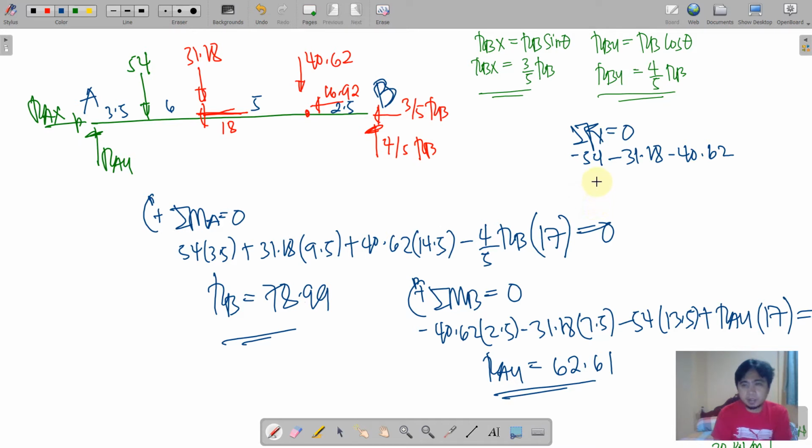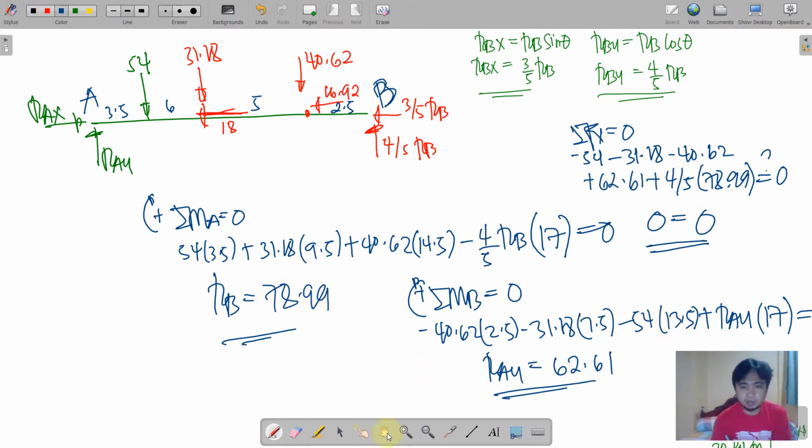So RAY is going up, plus 62.61, and then another upwards, 4/5 of 78.99. So is it equal to 0? So it is equal to 0. Okay, so therefore these are correct values of our reaction because of satisfying the other equilibrium equation, which is summation of forces vertical equal to 0.